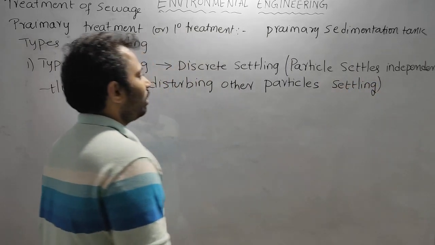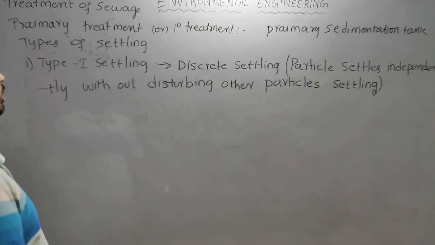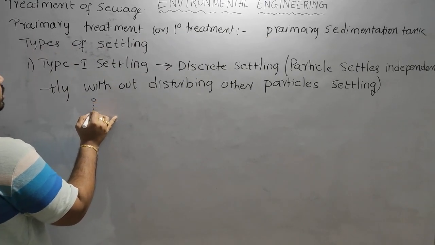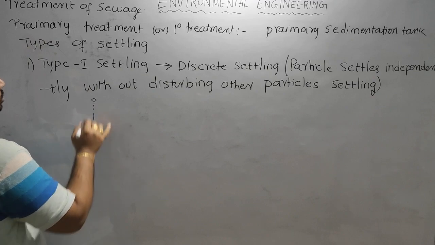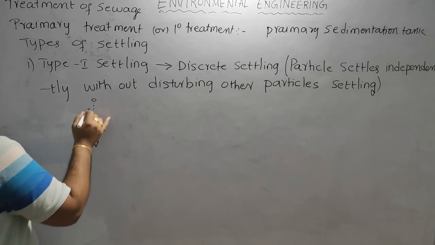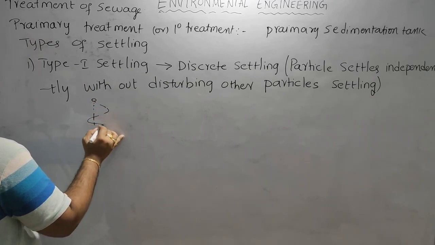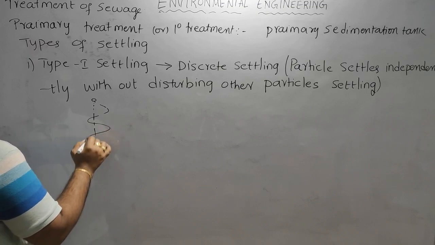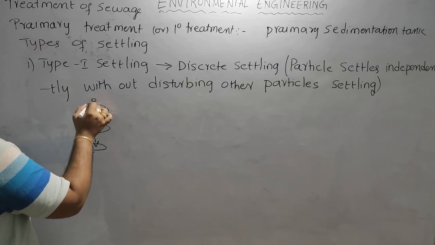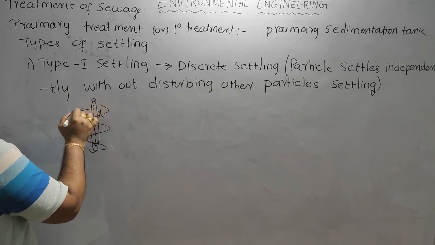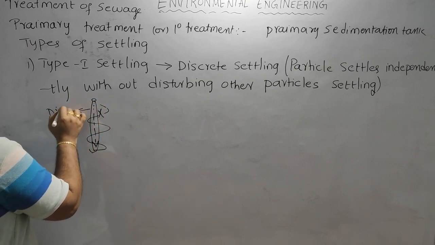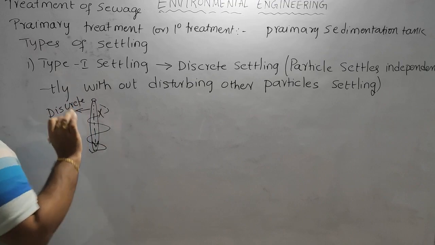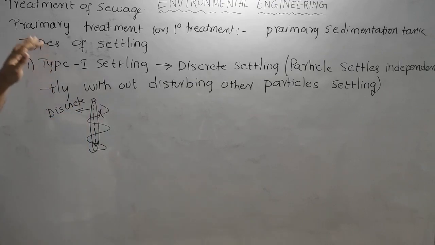When a particle is settling, it will settle directly, straight like this. It will not go and hinder the particles on the other path. So this is called discrete settling. This kind of settling we observe in the primary sedimentation tank of water supply.